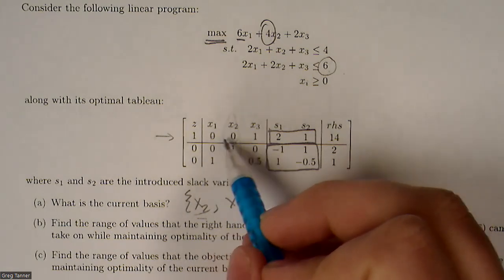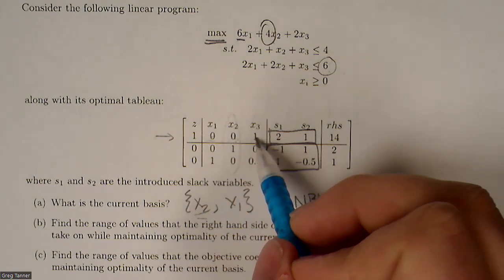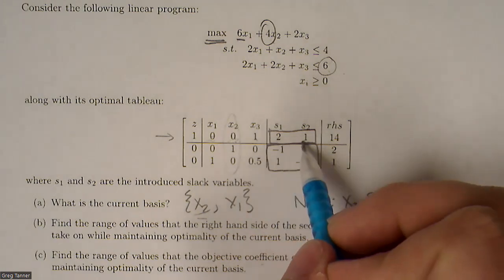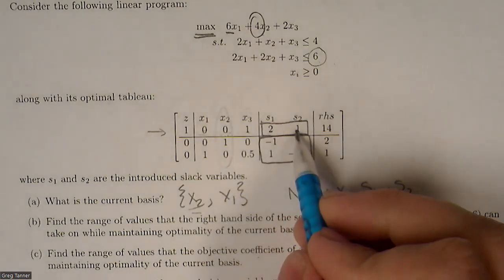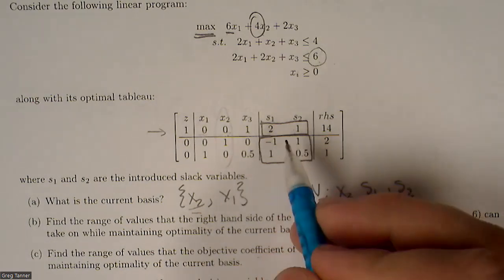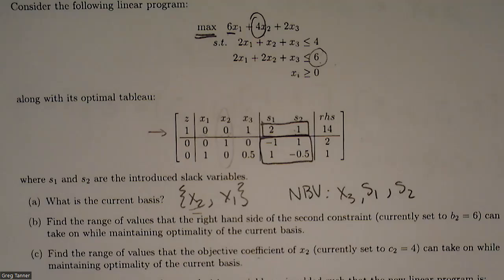So what we do need to check are the coefficients corresponding to x3, s1, and s2, which are our non-basic variables. We'll start with the easy ones, s1 and s2, because their coefficients are always going to be the entries of our dual variables.